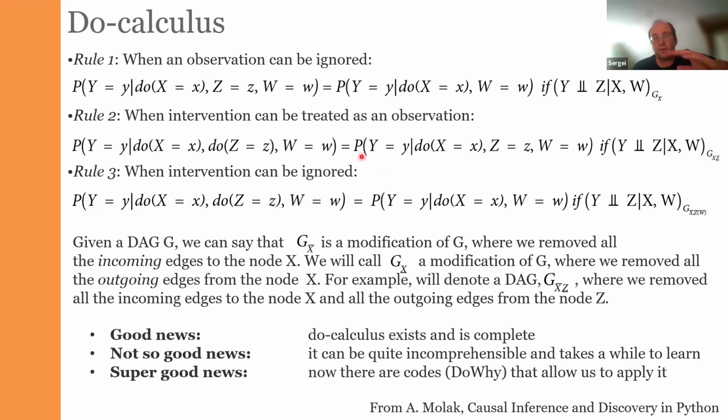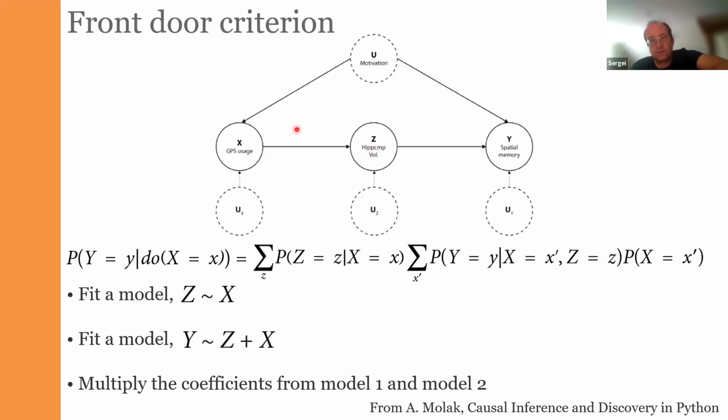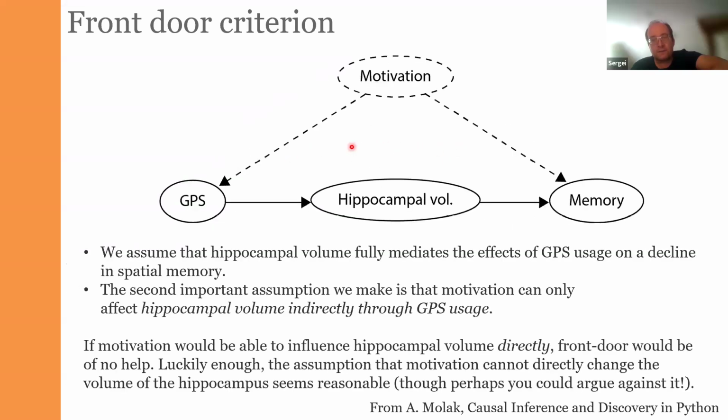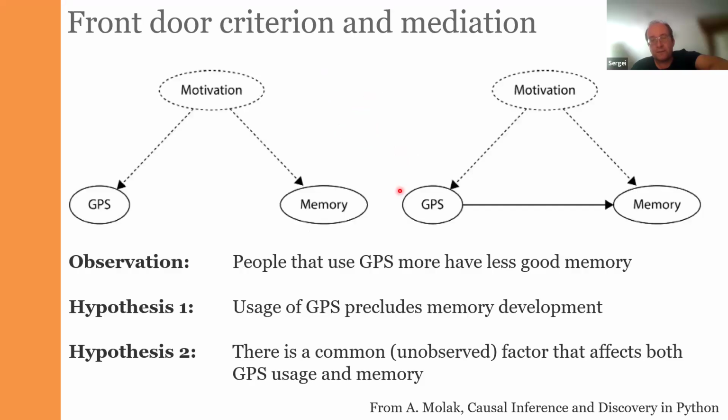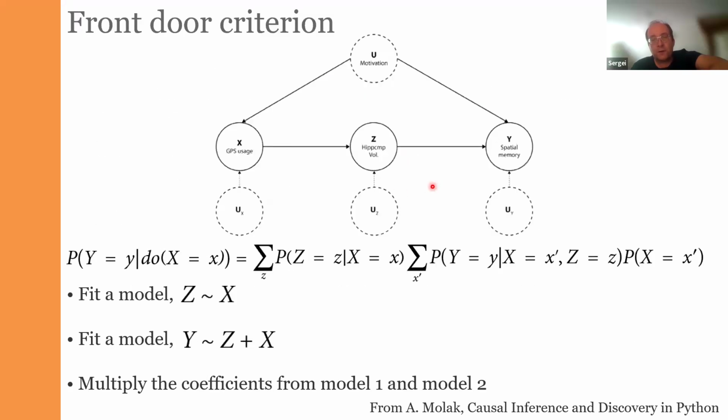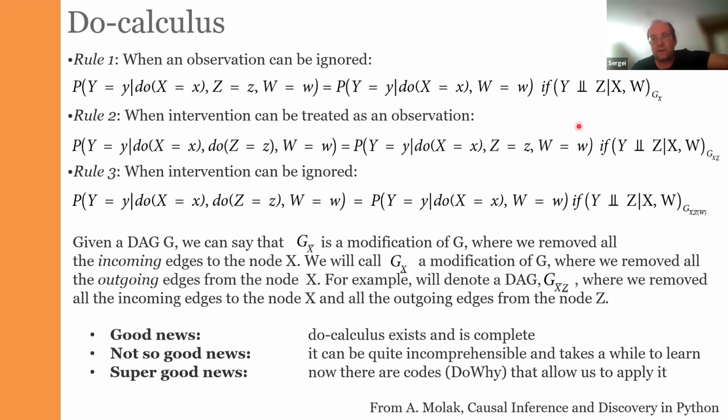So what do we do if we have more complex cases? What I've shown you is the specific case of the chain and the specific case of the common observable latent factor. So can it be generalized? Yes, there is a thing called the do-calculus that was created by Judea Pearl.